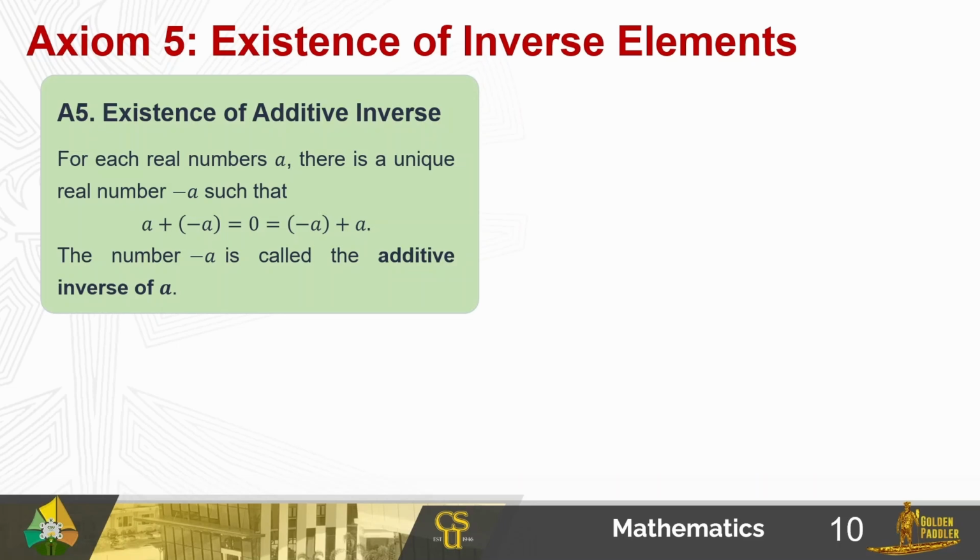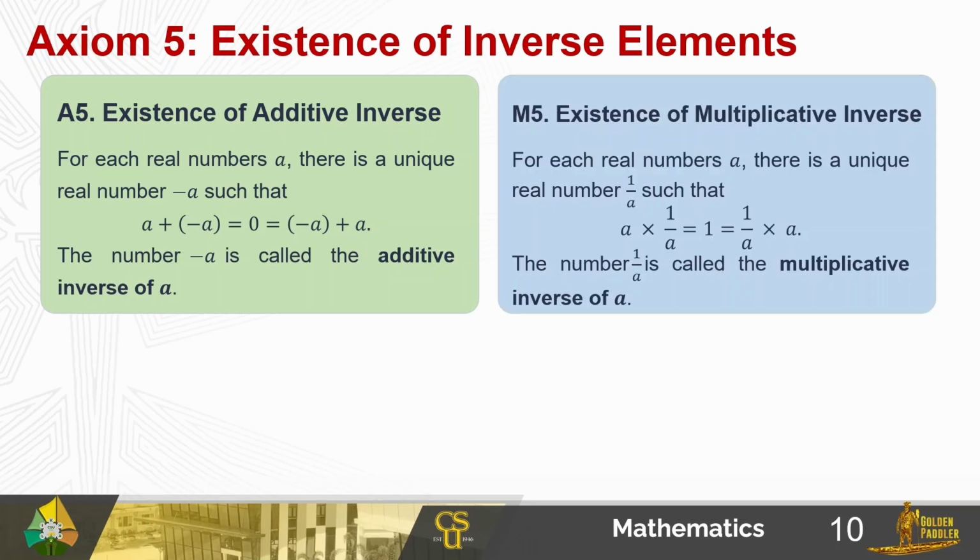Thus, the number negative a is the additive inverse. And for multiplication, for any real number a, there is a unique real number 1 over a such that a times 1 over a is equal to 1 and 1 over a times a is again equal to 1, implying that 1 over a is the multiplicative inverse of a.